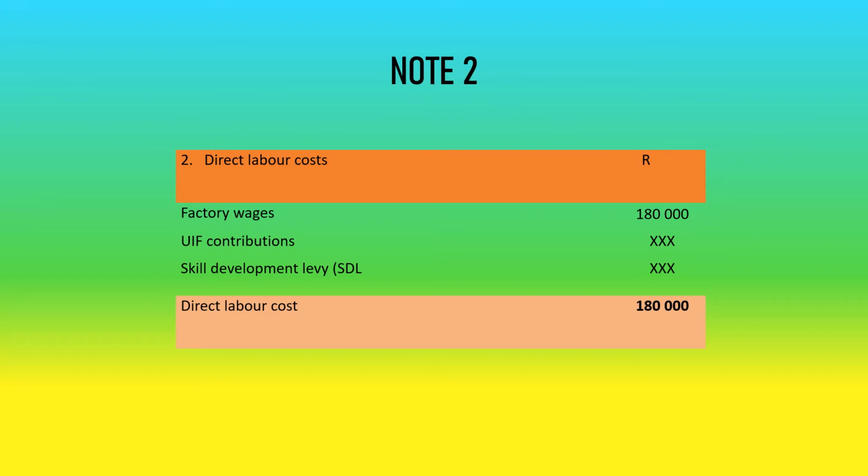Then UIF contribution and skills development levy, we didn't have any of these costs, but you can have them. And if you do have them, remember, you only account for the one that is paid by the employer. Then you calculate your direct labor cost, which amounted to 180,000 rand, and you use the 180,000 rand to put it onto your production cost statement.